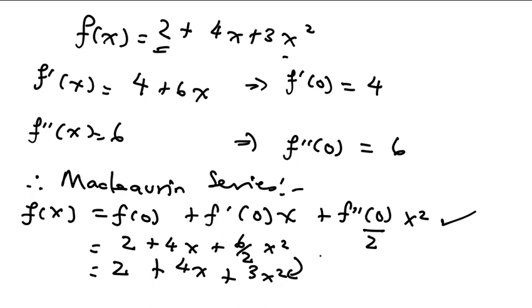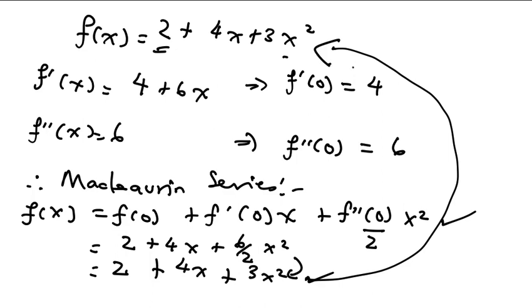When we want to check whether we have done the right Maclaurin series, we transform it back into the original function, and it so happens that this original function is the same as the one given in the question. So, yes, Maclaurin series does indeed correctly represent the given function, yeah?